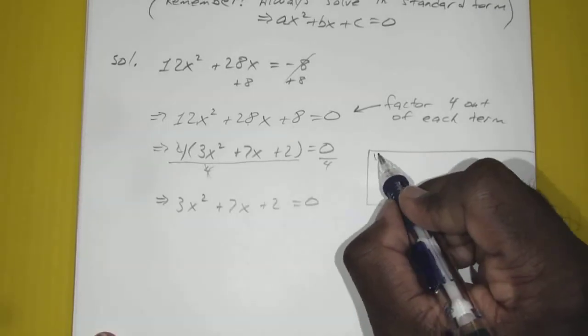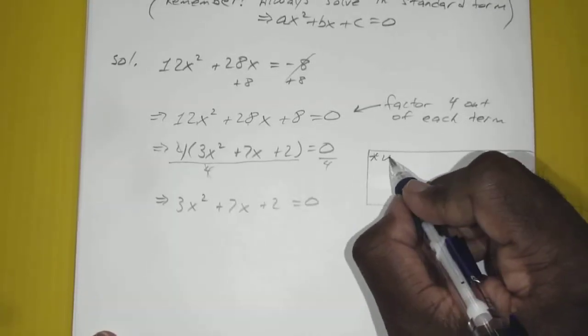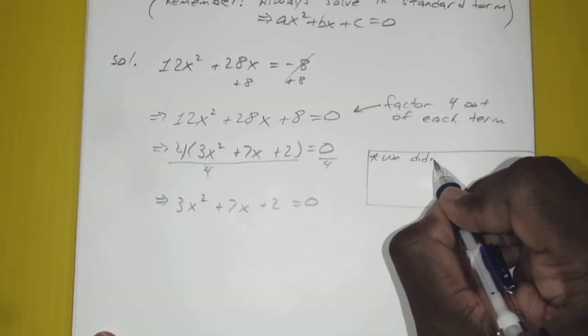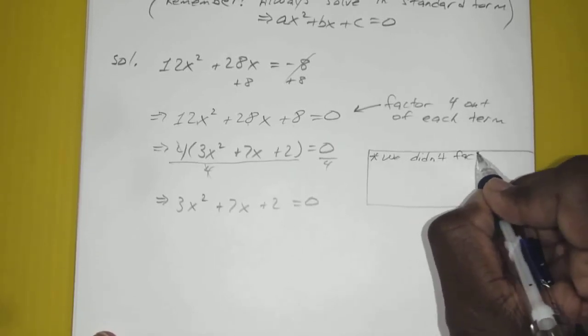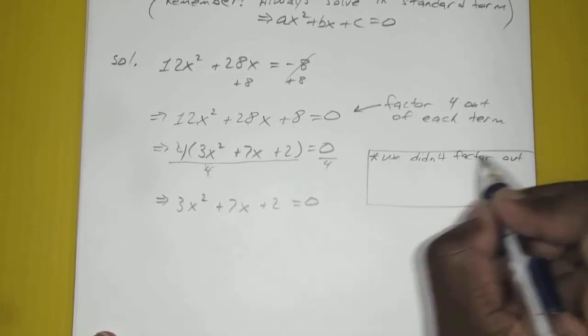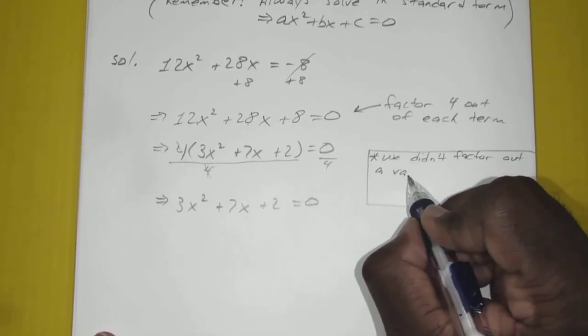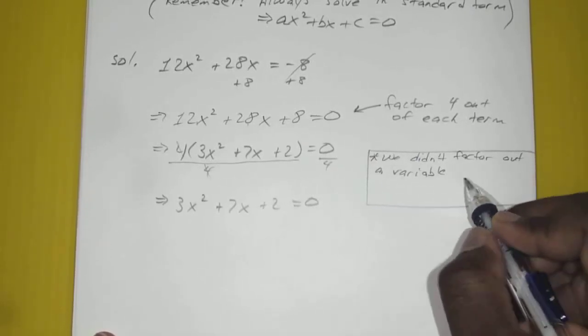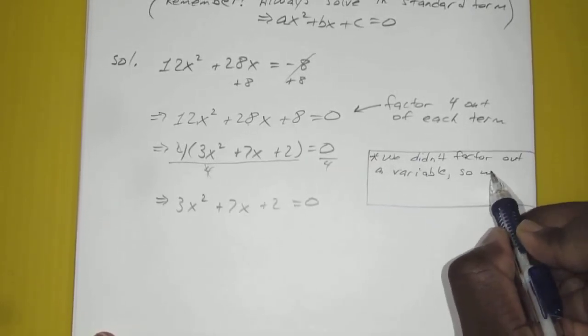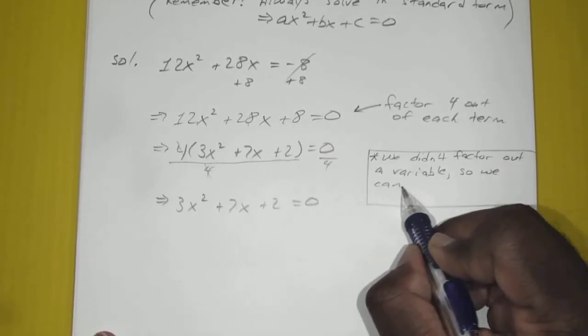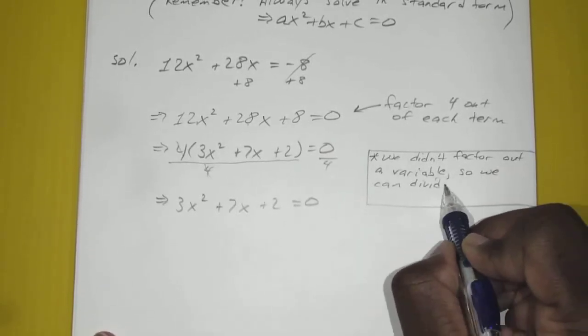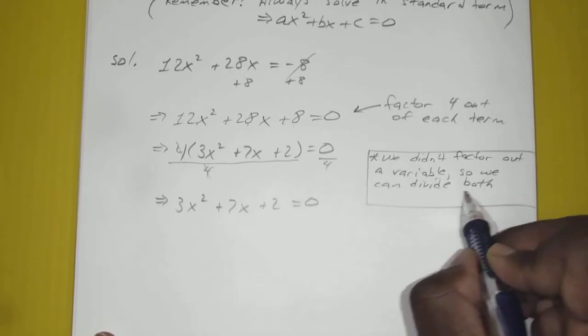Okay, so make a quick little note that we didn't factor out a variable, so we can divide both sides by 4.